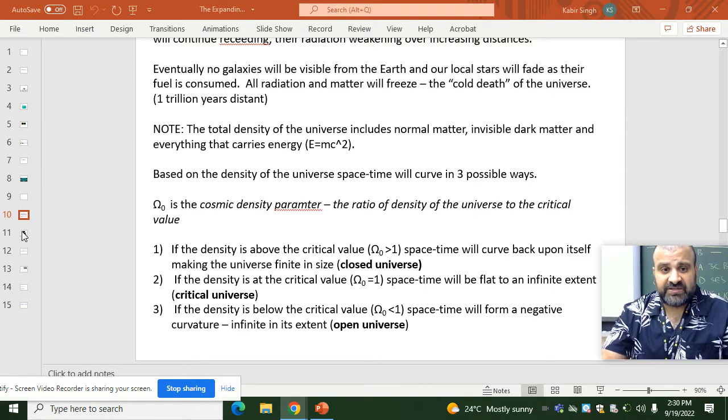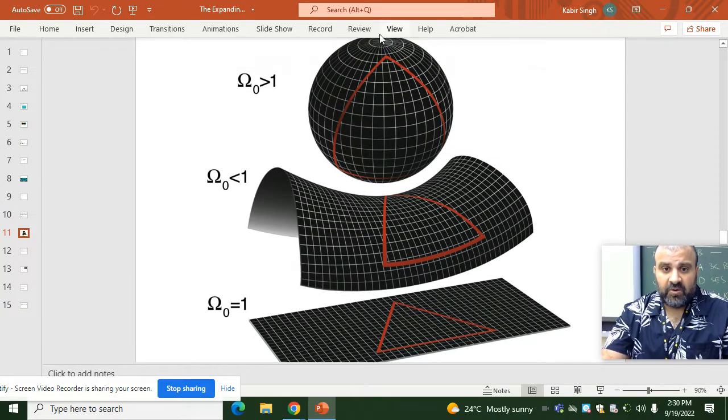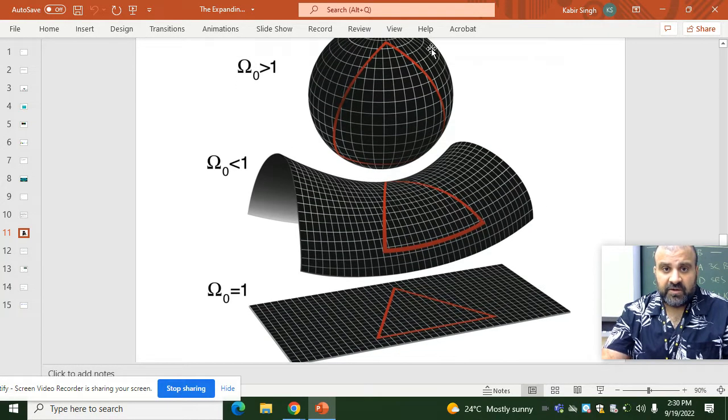So these images here: closed universe, when we'd have the big crunch. This is the place where that will happen. If the density is at the critical value, we'd be living on a flat plane. No, sorry, this is a universal expansion. This is the critical value one.